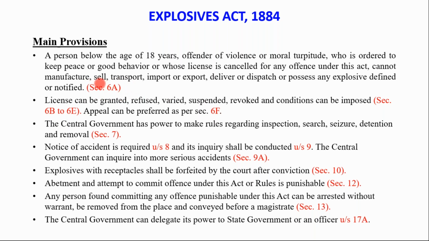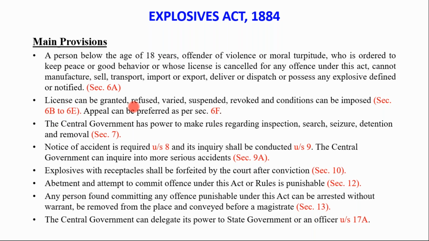So with reference to 6A, it is clearly mentioned that if the person is below 18 years, if the person is an offender, or if the person's license is cancelled due to some offenses, invalid points or rejections by the authority, then he is not allowed to manufacture, sell, transport, import or export this explosive. That is one of the main provisions.